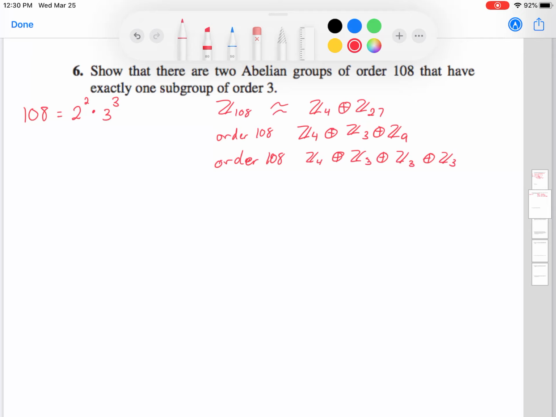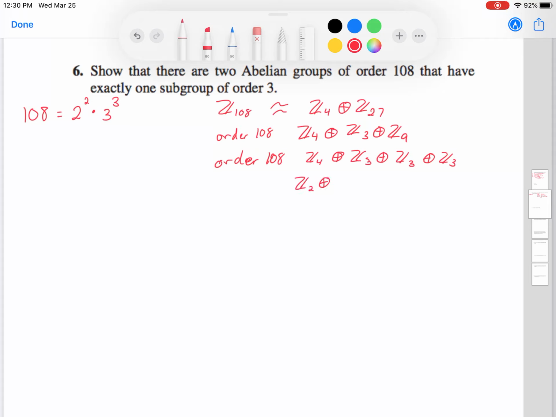Now, we want to think about what is going to be to our advantage here as we're trying to find a group that has exactly one subgroup of order 3. So we know we have these three groups.